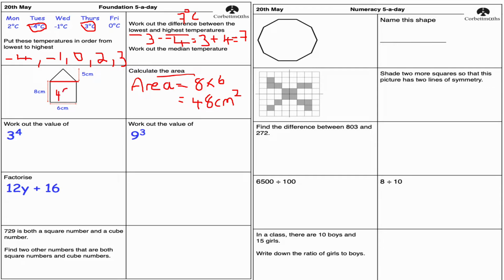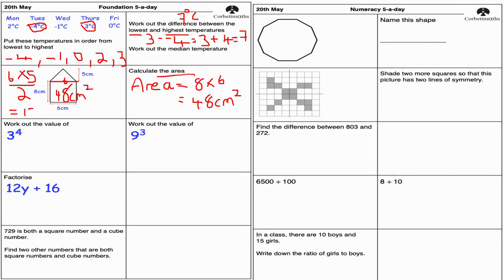The area of a triangle, guys, we should know that that's base times height divided by 2. Well, the base is the same as the base here, which is 6. So it's 6 times 5, the perpendicular height, divided by 2. 6 times 5 is 30, divided by 2 is 15.